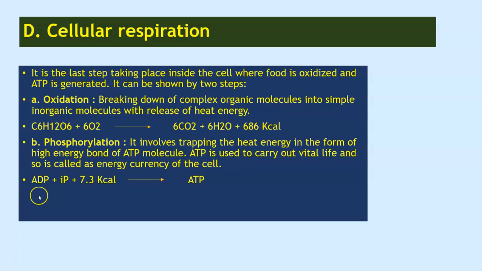So the reaction goes: ADP, that is adenosine diphosphate, plus an inorganic phosphate molecule, iP, plus 7.3 kilocalories of energy, giving you your ATP molecule. So this is called cellular respiration, where energy is generated at the cellular level.